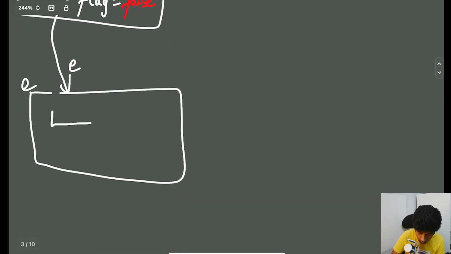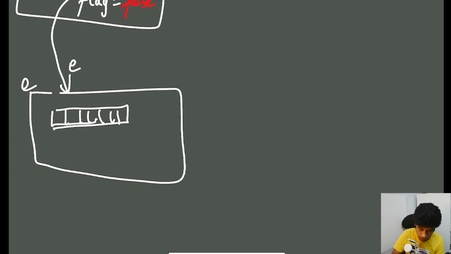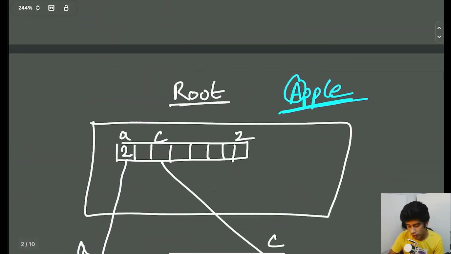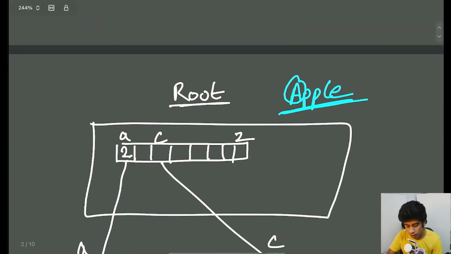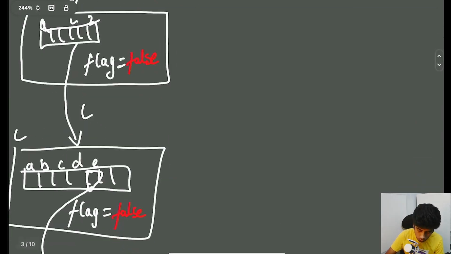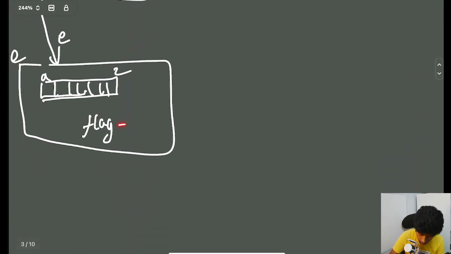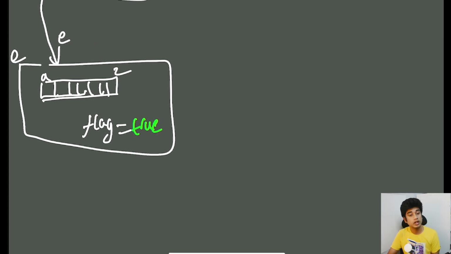This will again have an array of pointers, just like every other node, A to Z, and it'll have a flag. And now here, since we have no other word over here, and we've reached the end of the word, we'll now make our flag true.